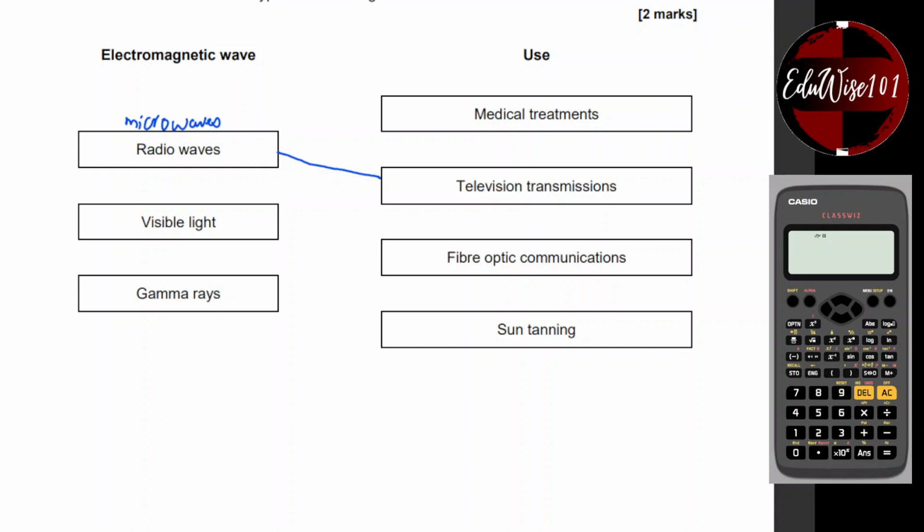Visible light is used for fiber optic communications. Gamma rays are used for medical treatments. Sun tanning is ultraviolet, or UV. Next question.